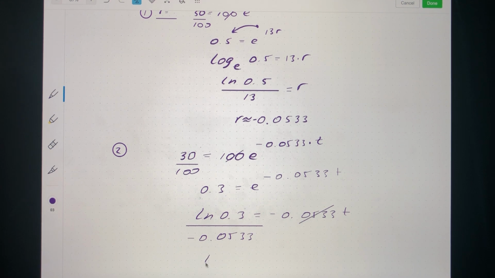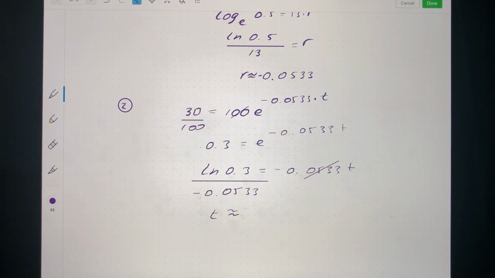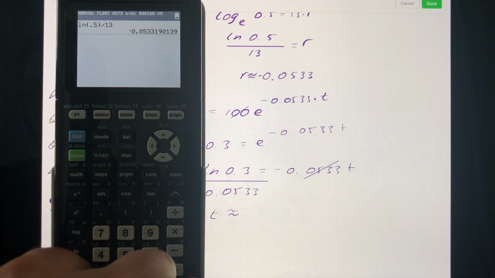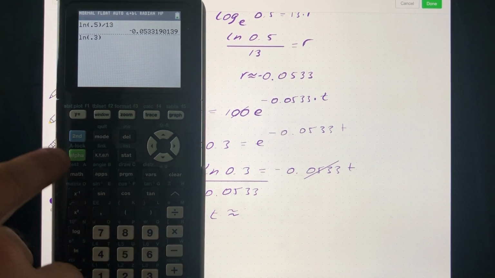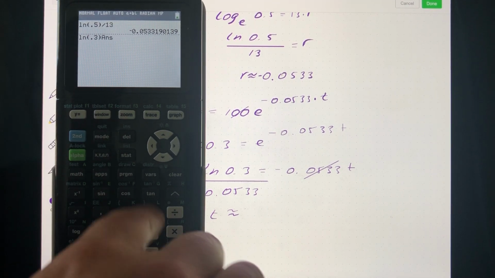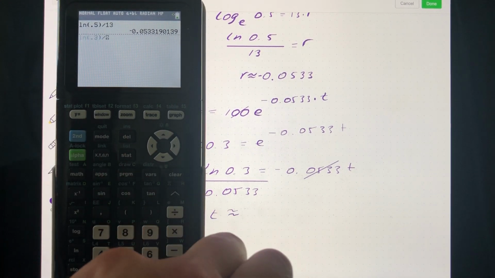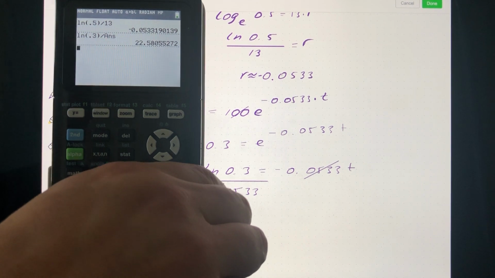So here, using the calculator, let's find out what that is. And we will use all the decimals in this case. So natural log of 0.3, divided by the second answer, and the answer is 22.58.